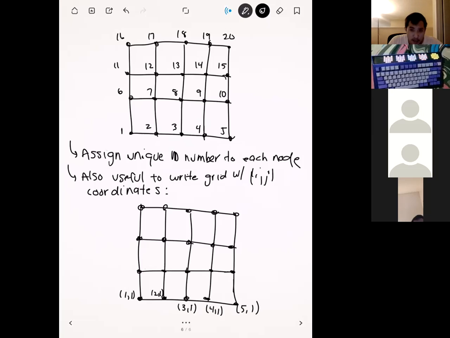So node 13, yes, node 13 is 3, 3. Right here, this is 3, 3. In order to reach that, you go 3 nodes over in the x direction and 3 nodes vertically upwards. You can think of these as their x, y coordinates. It's just that I use integers because it's a lot easier to correlate these with their ID numbers.